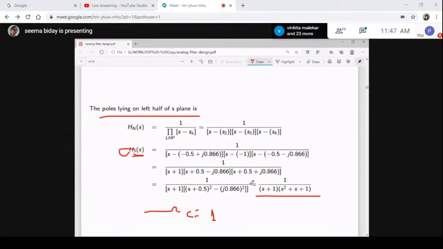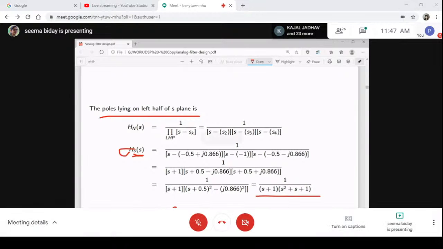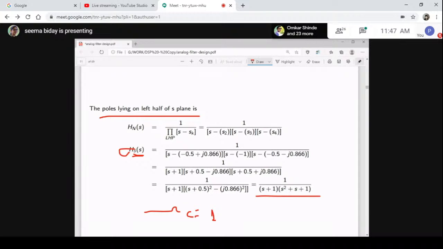For capital N equal to 3, you will see that S into S square, the highest power will be S cube. S square into S, that is S cube. Is this okay?